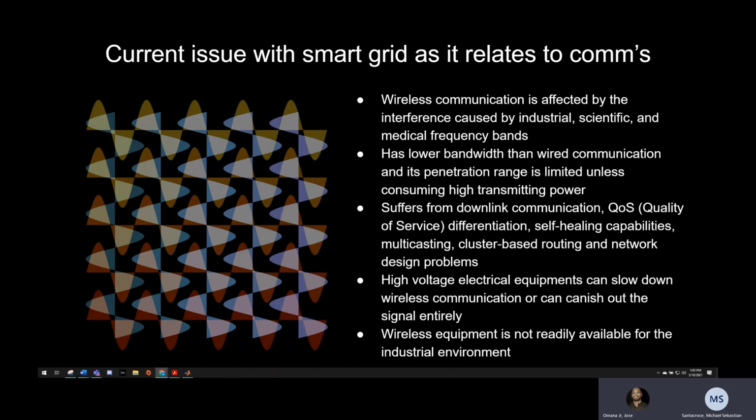It also suffers from downlink communication, quality of service differentiations, self-healing capabilities, multicasting, cluster-based routing, and network design problems. High voltage electrical equipment can slow down wireless communication or can vanish the signal entirely. Wireless equipment is not readily available for the industrial environment.